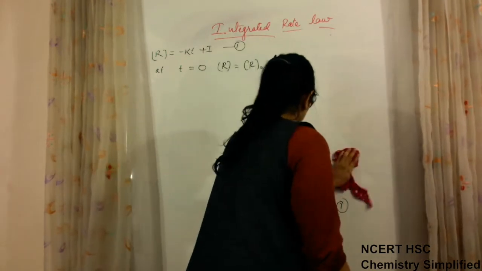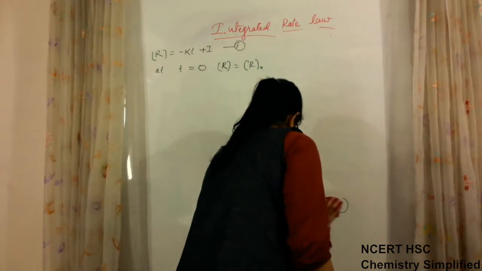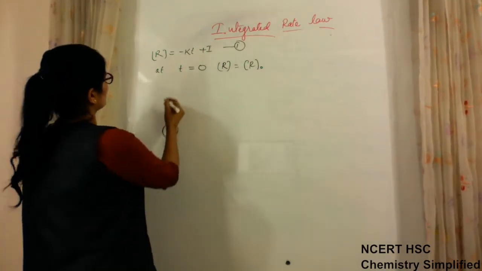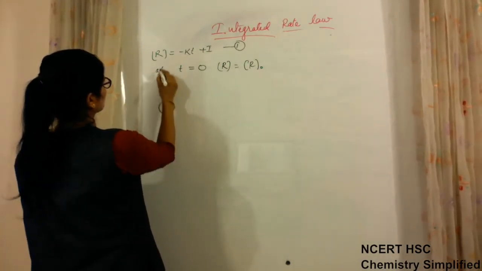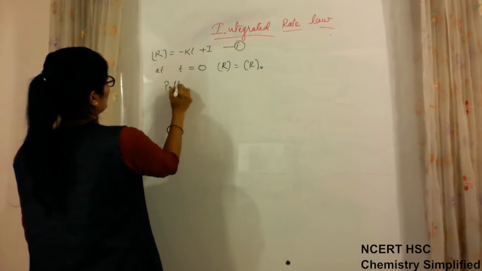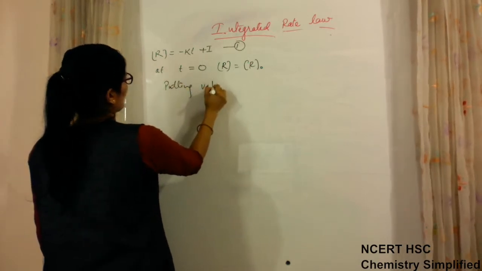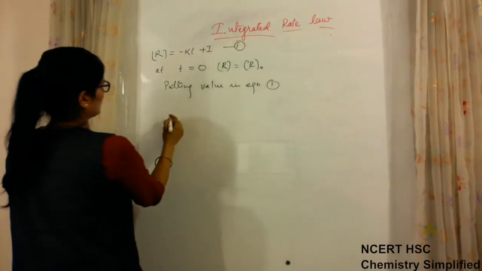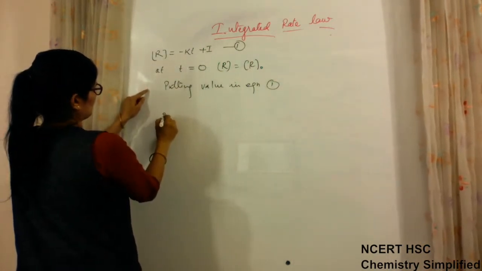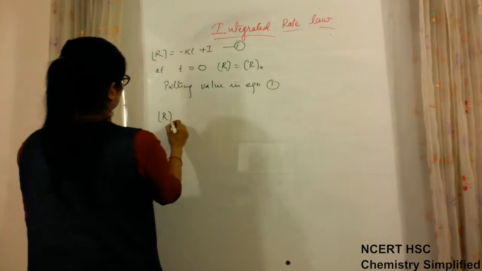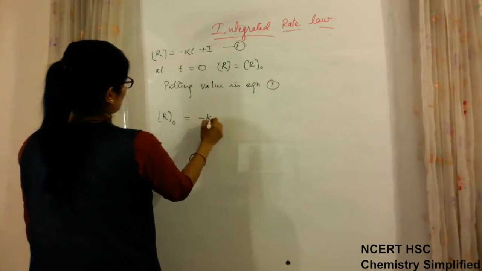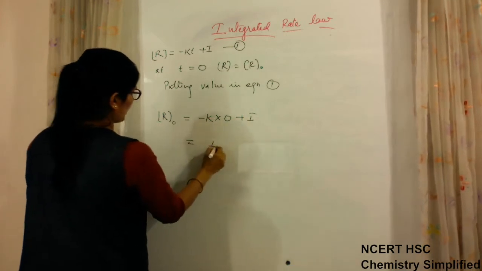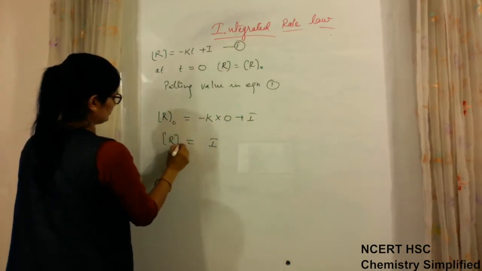Means the initial concentration of the reactant will be R0 if time is 0. Putting value in equation 1, R0 is equal to K into time 0 plus I. So I is equal to R0.